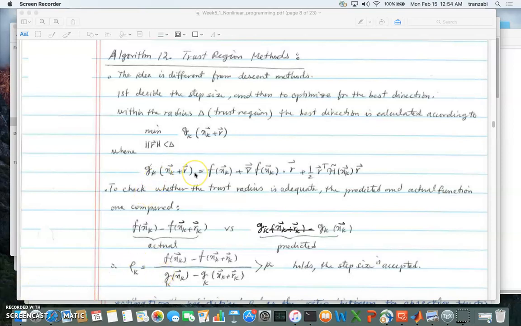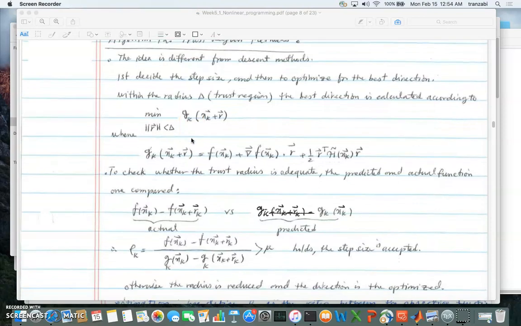Okay, so imagine we have a function and we want to find the minimum, or basically solve an unconstrained optimization using trust region. So in trust region, we assume that we fix the step size lambda, or in other words delta in this case.